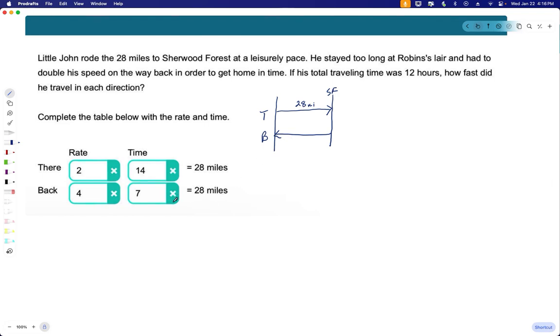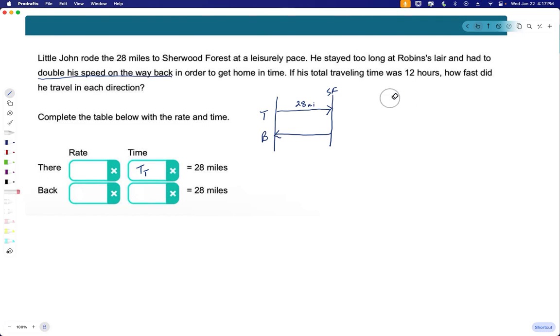Okay, so we have to figure out our table, and for the sake of having someplace to write our equations, I'm going to do this right now. So our equation for our time, we just have the time there, right?